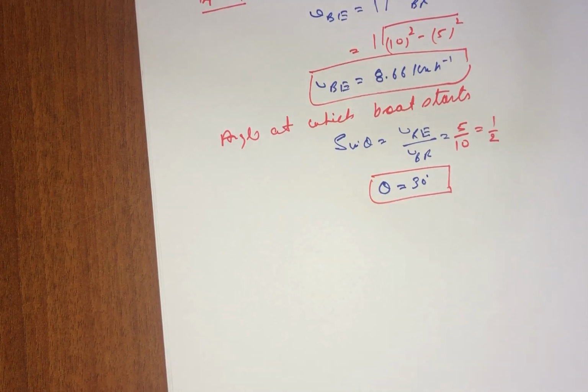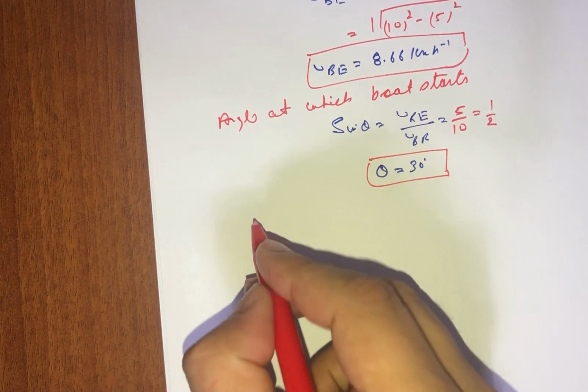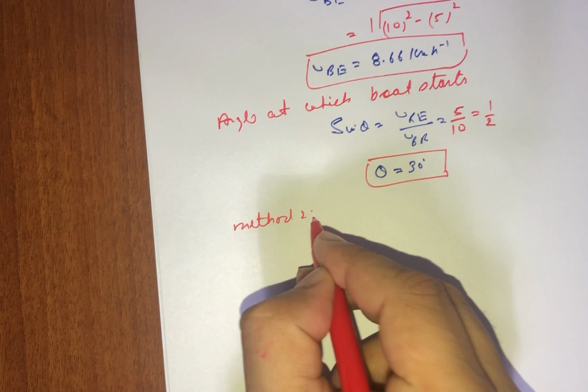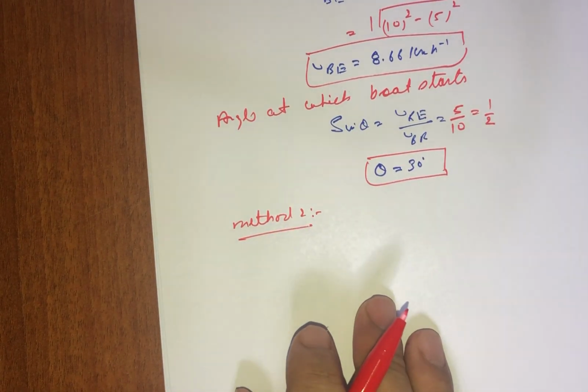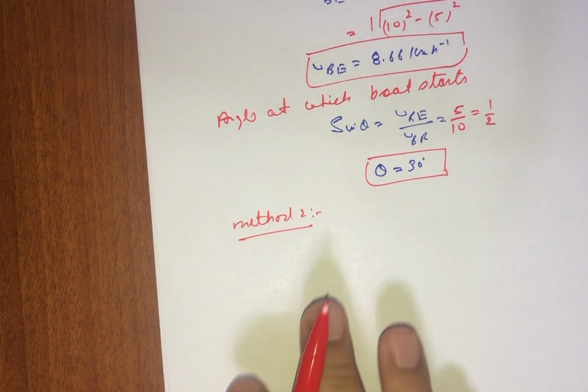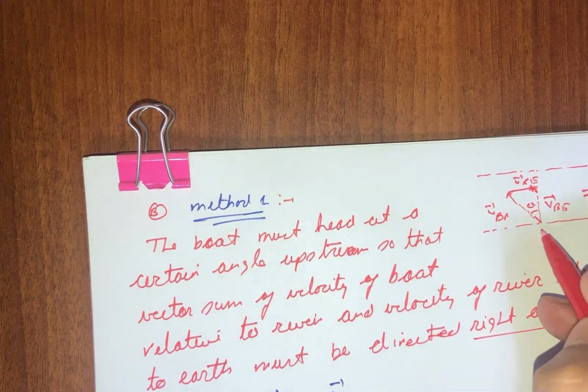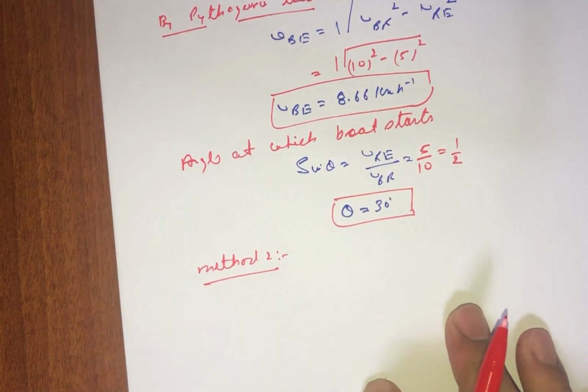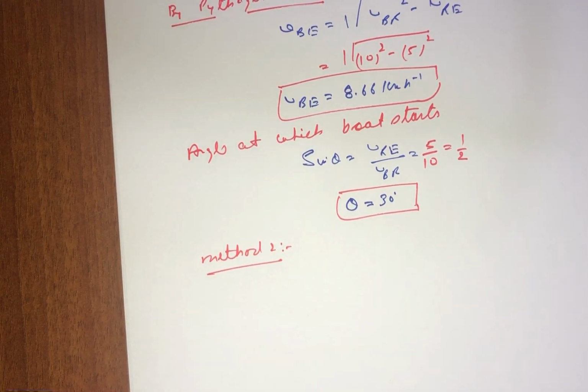Now we are going to use method 2, the second method, to find out the same thing. In this case, we consider this O as the origin.